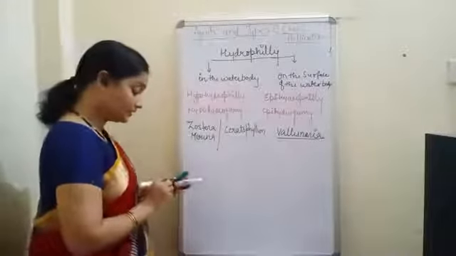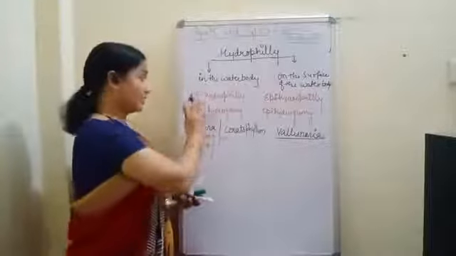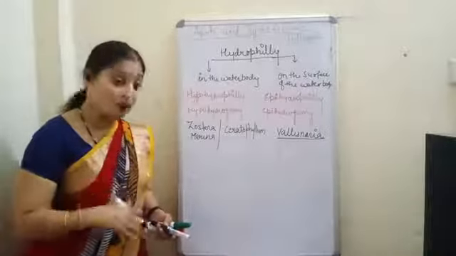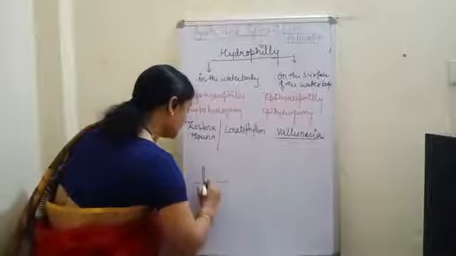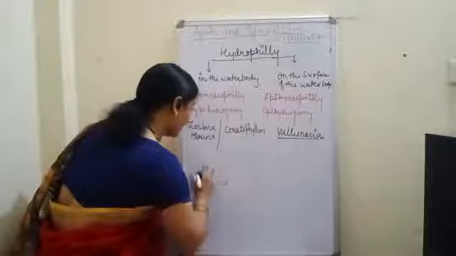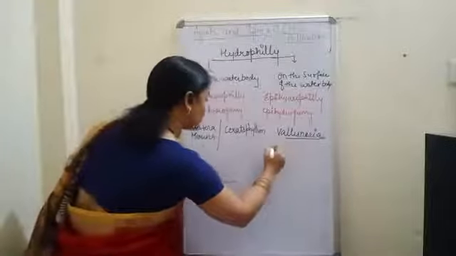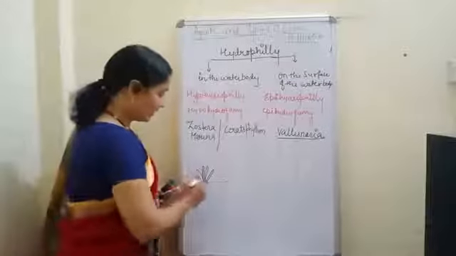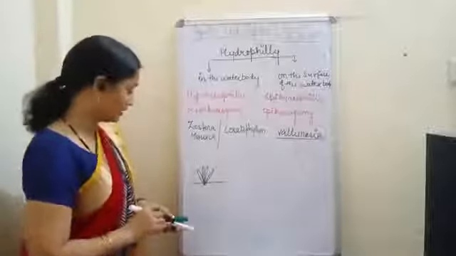Okay, now see what happens in this case. The submerged rooted plant body, that is, the plant is inside the water body. Suppose this is the water body. I am drawing it for both. Zostera has the longest pollen.